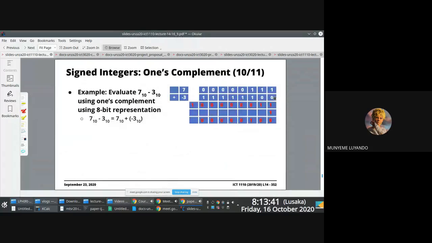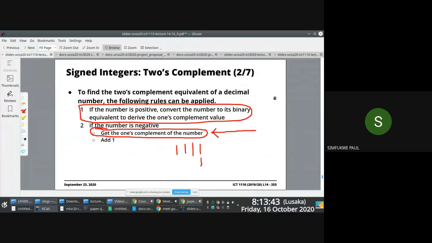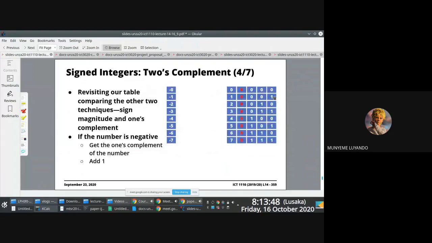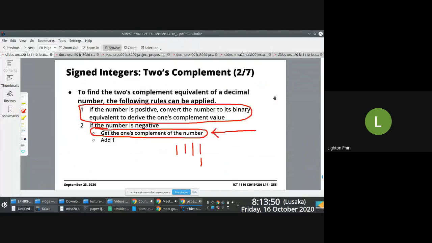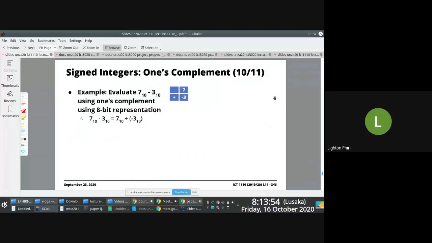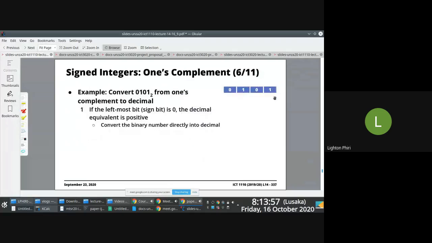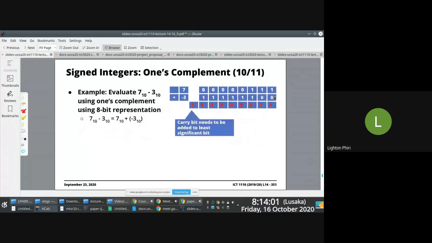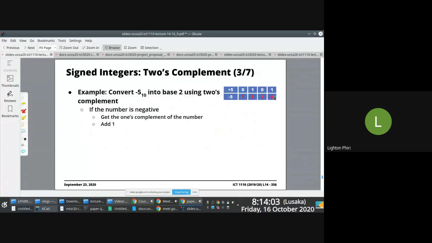We said when you are converting a binary encoded number, you flip the bits and then you add 1. Are you forgetting that thing?